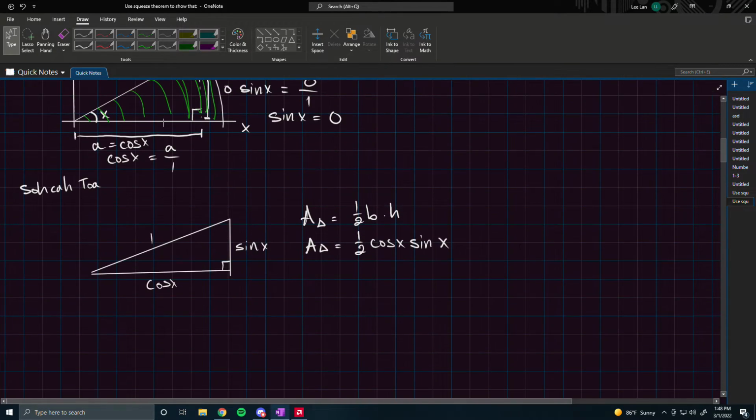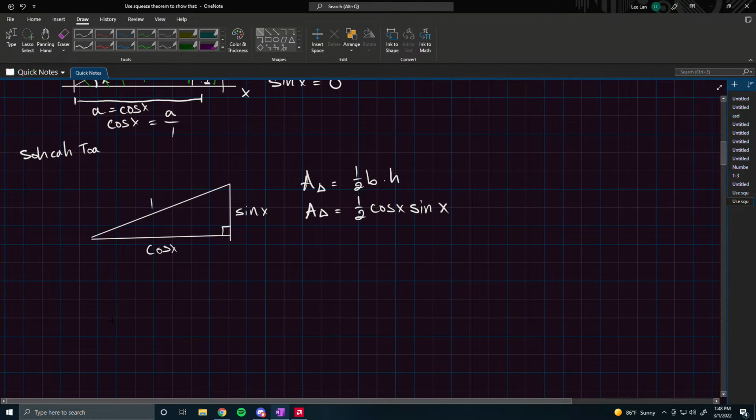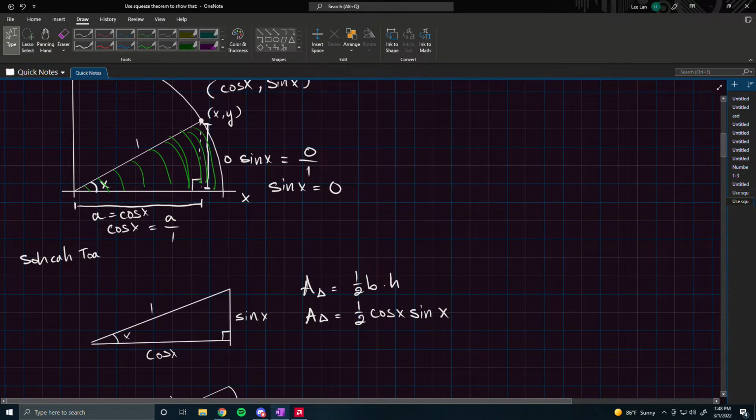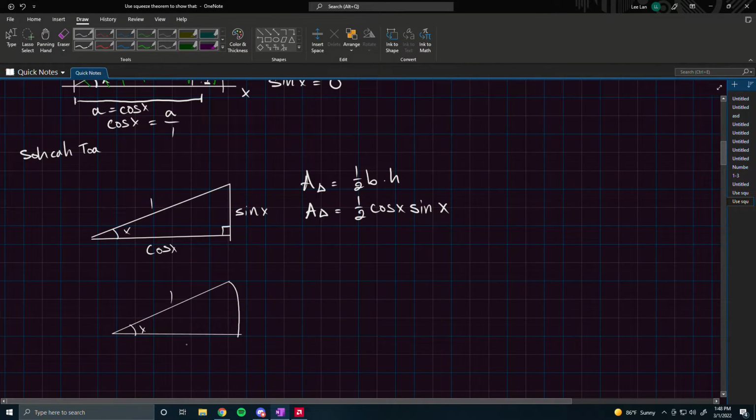What's the area of the sector? This angle is x. This length is 1. This length isn't cosine x, this length is also 1.